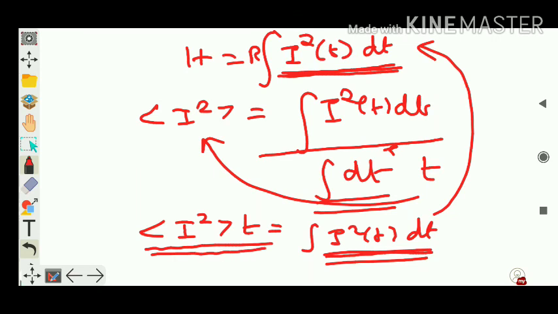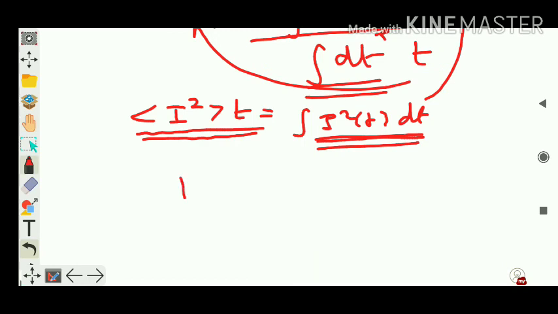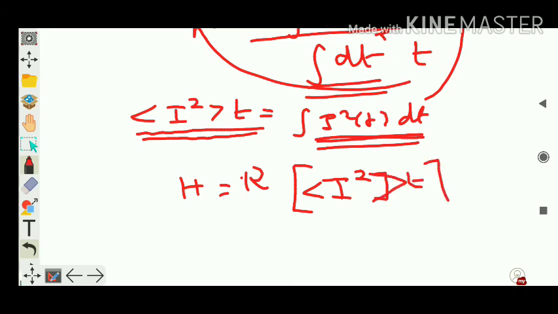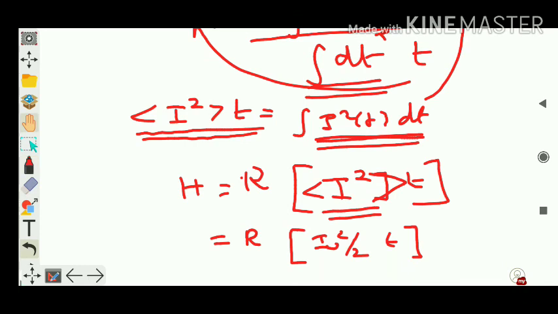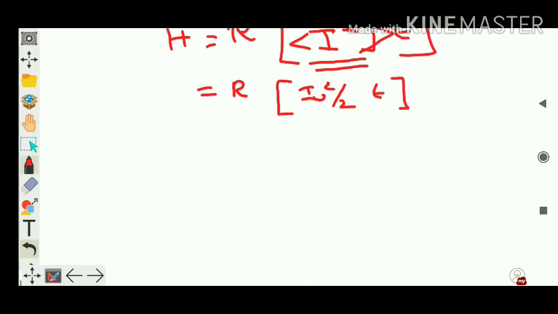So let's substitute here. H is equal to R, that is a constant, times the average of I squared, into t. Now we have found the average of current squared over one cycle. Remember, it is I naught squared by 2, so H is R into I naught squared by 2 into t.